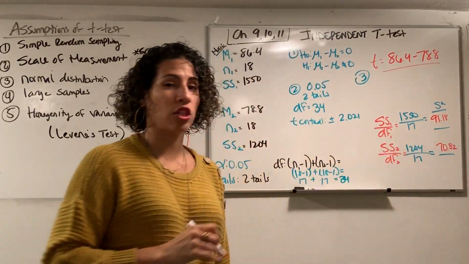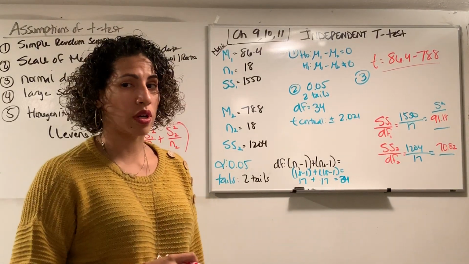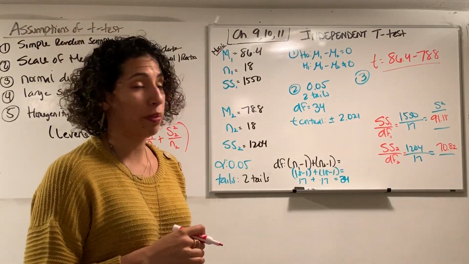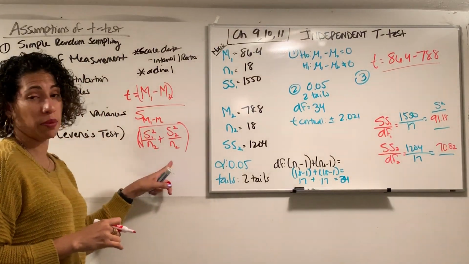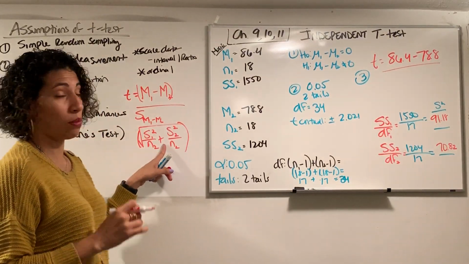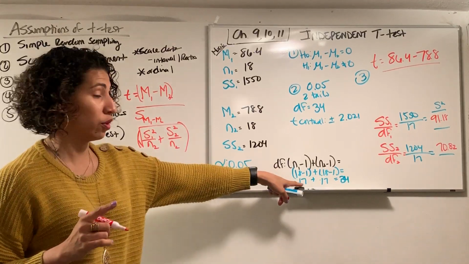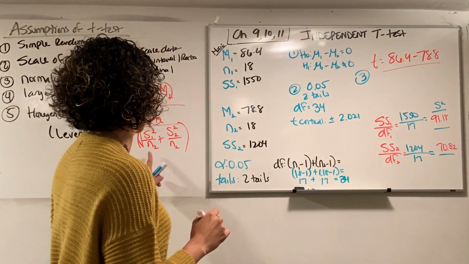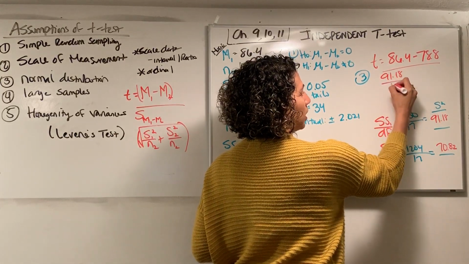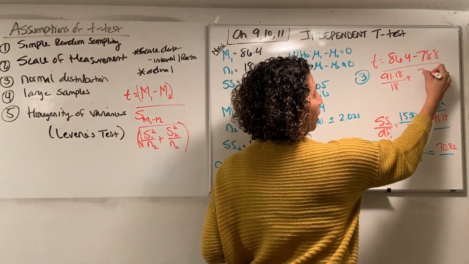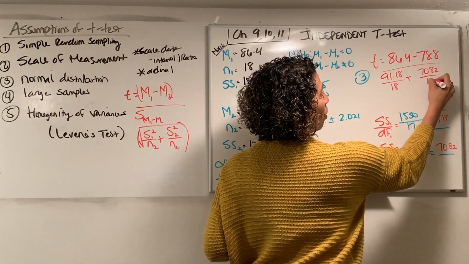Now we can plug these variances into the formula, along with the sample sizes of each. Remember, sample size is 18, degrees of freedom is 17. Don't get yourself confused. So let's do this: 91.18 over 18 plus 70.82 over 18.